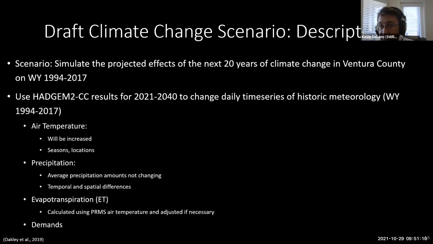But we want to run it as an independent scenario first to isolate the changes that the climate change scenario predicts will occur. And then as a second scenario, or later, we can mash it up. We could combine it with a second set of changes to, say, water demand, to see how climate change would affect the availability of water for water supplies under a different water management regime.